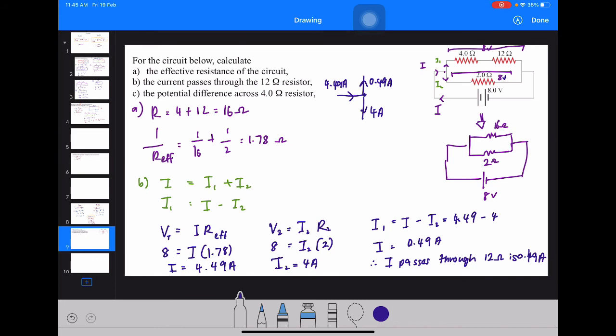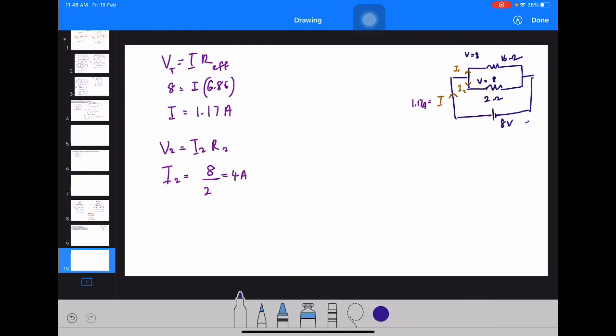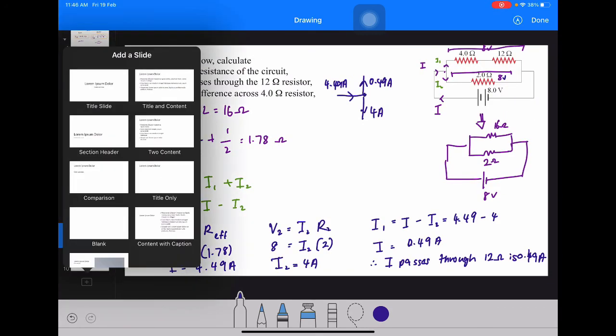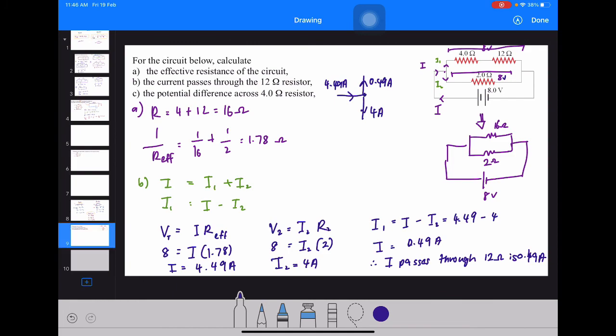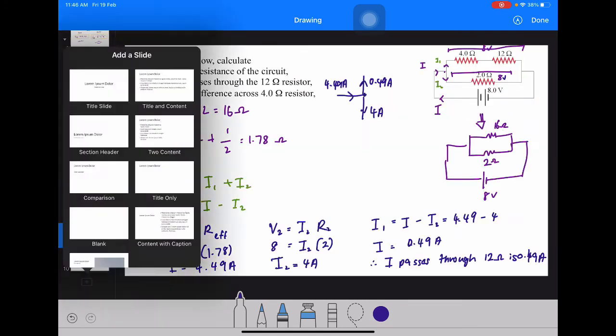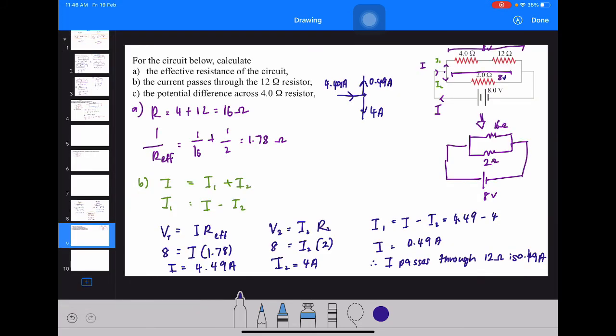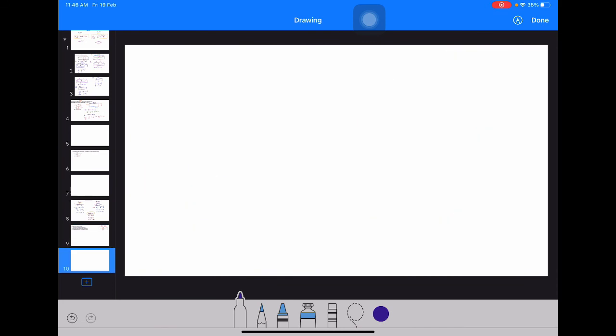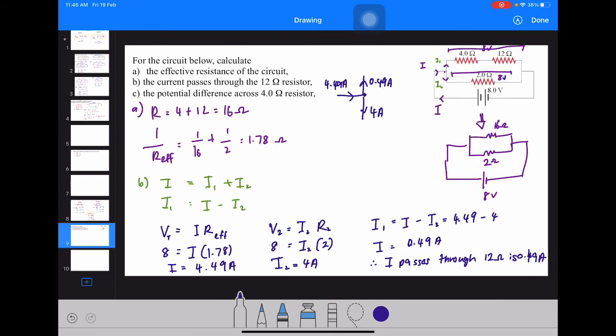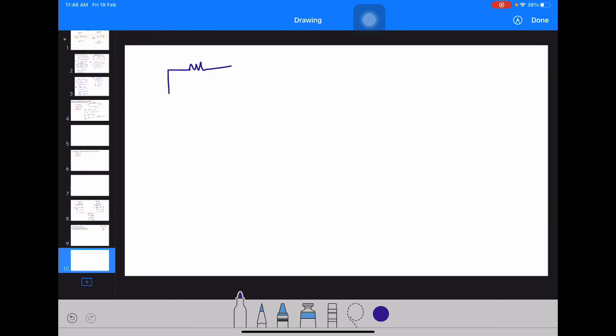Okay, the last question, they want to find the potential difference across the 4 ohm resistor. So it still has the same current. Okay, which one is this? So I can redraw the part of the 4 ohms too. The current that passed through there is 0.49.